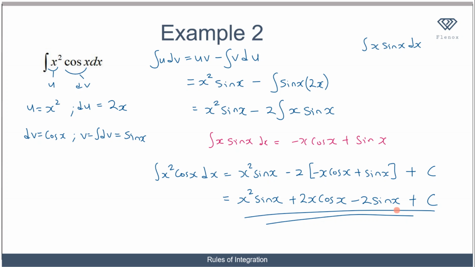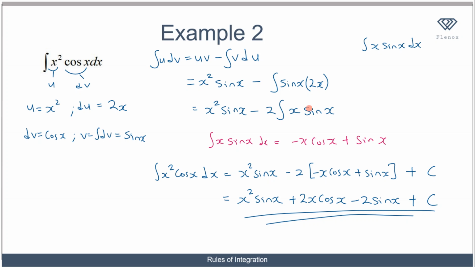So as you can see, to recap, what we did was like what we did previously. We assigned the first term as u and the second term as dv. So we differentiated u to get du, and we integrated dv to get v as sin x. So we substitute the values of u, du, v and dv into this formula. In the second term, we are left with the integral of x sin x, which we also simplify using integration by parts.